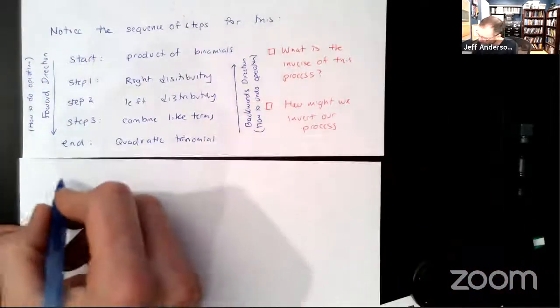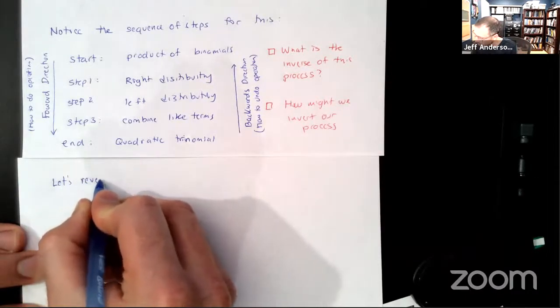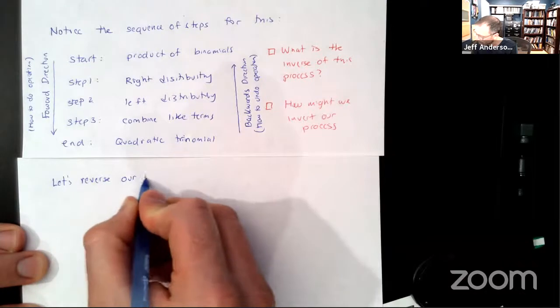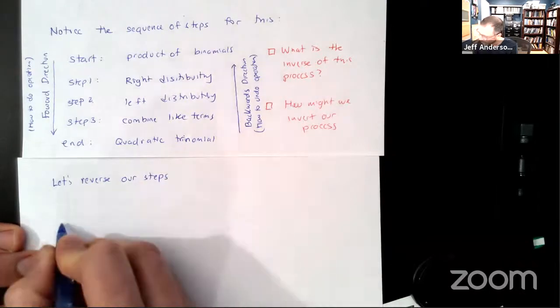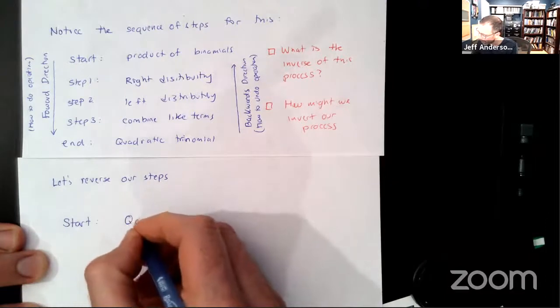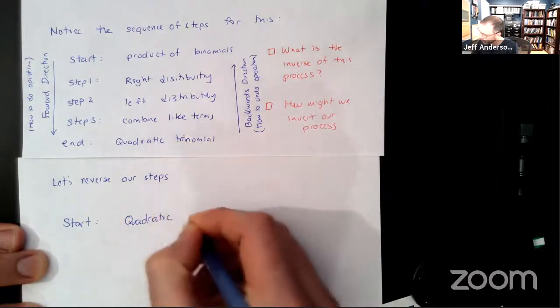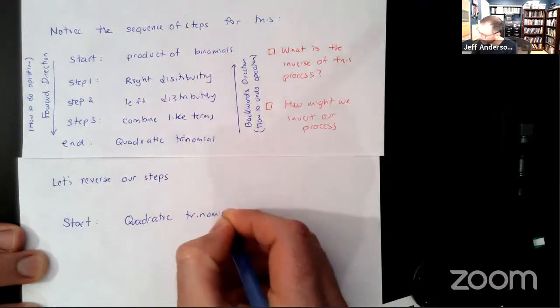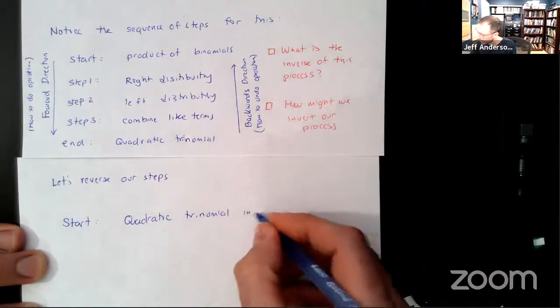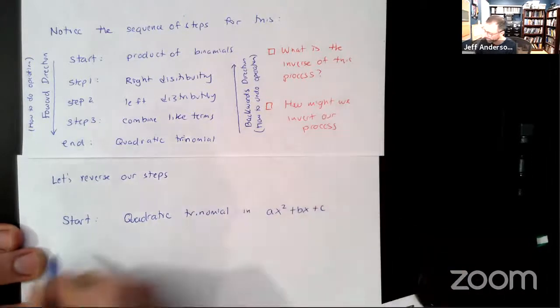So let's think about this. Let's reverse our steps. So the end becomes the start. So we start with a quadratic trinomial in ax squared plus bx plus c.